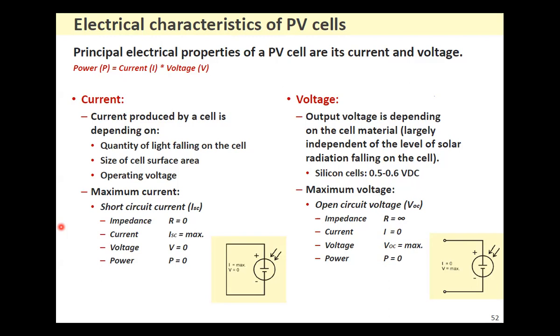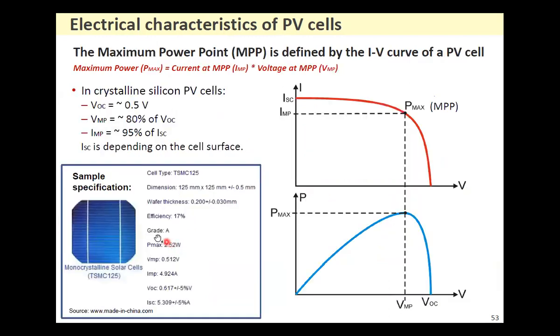Okay, so what is open circuit voltage, and what is short circuit current? There's nothing difficult in these terms. What's in this slide? The electrical characteristics of PV cells. So here this is a sample specification of the cell number TSMC1 to 5, and these are the dimensions of the cell.